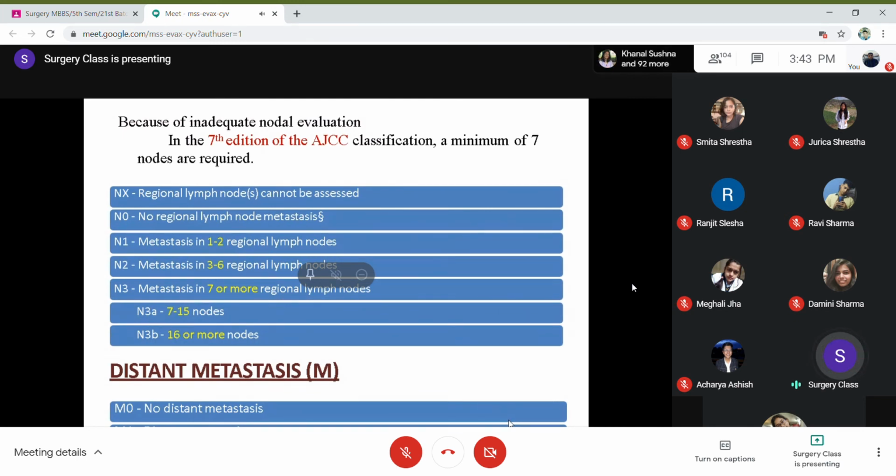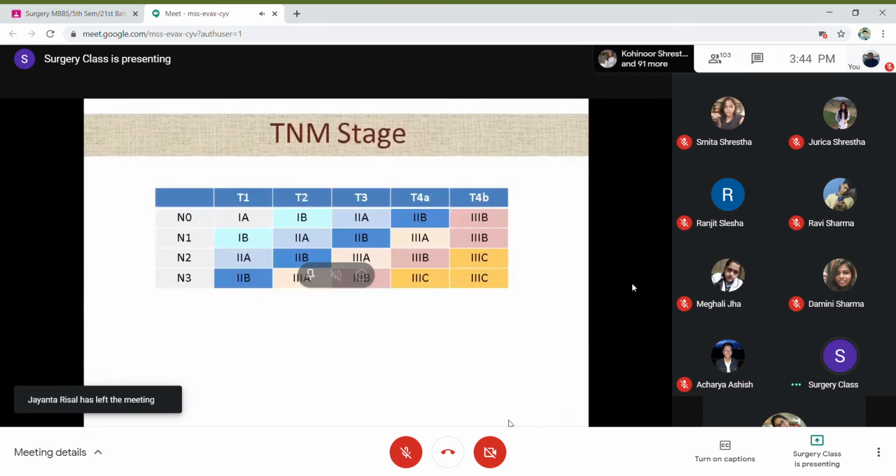So just have a look at this slide. A minimum of 15 nodes are required to be removed. Accordingly, the staging.